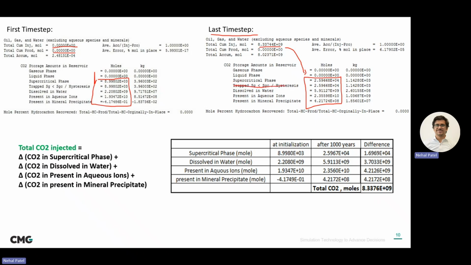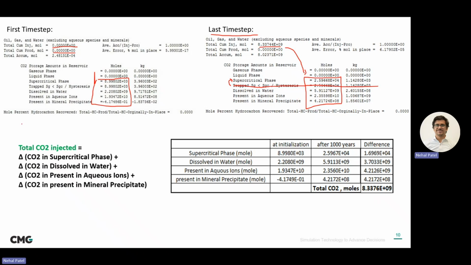So when you are matching numbers, we need to ignore this line as it's already accounted for in CO2 in the supercritical phase. Second, we can't just take the summation of those four numbers, as there is some amount of CO2 initially present and we did not use the inventory CO2 net keyword, so these numbers are already accounted for in here. So we need to look at the delta.